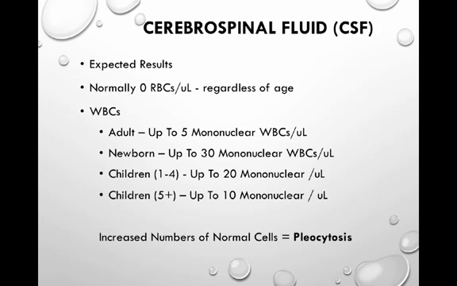We lyse the red blood cells with 3% acetic acid, and then we can use a methylene blue stain. That will also help improve the visibility of cells. And if using a stain or lysing the red blood cells with acetic acid, we have to be sure we keep track of the dilution we are making to account for it in our calculation.